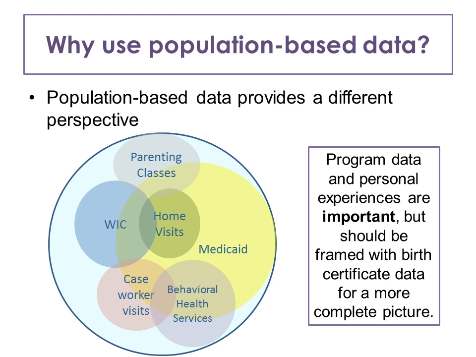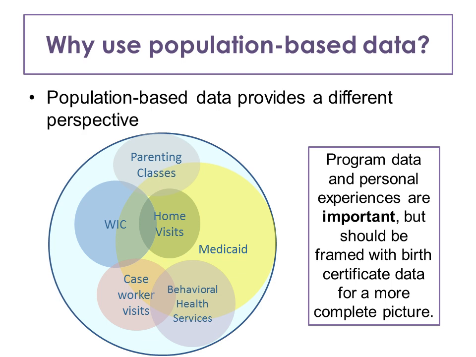So why do we use population-based data? I know that there are really great programs out there with their own data collection: WIC, home visiting, behavioral health services, Medicaid data, and all of that's great, but it doesn't necessarily encompass the whole population. That is the benefit of using something like vital records, because it includes everybody.